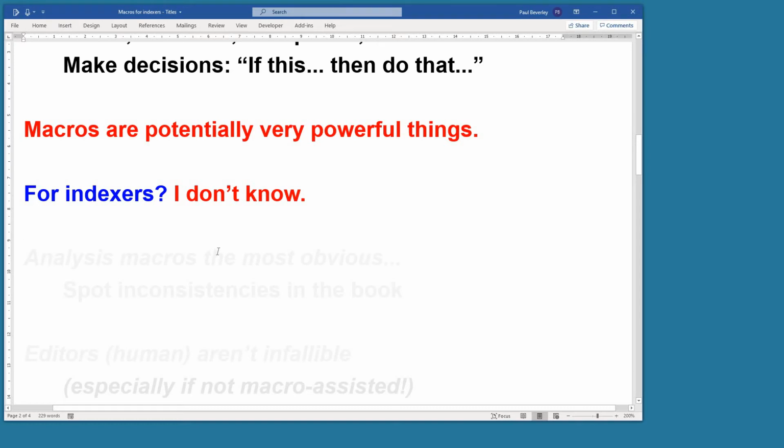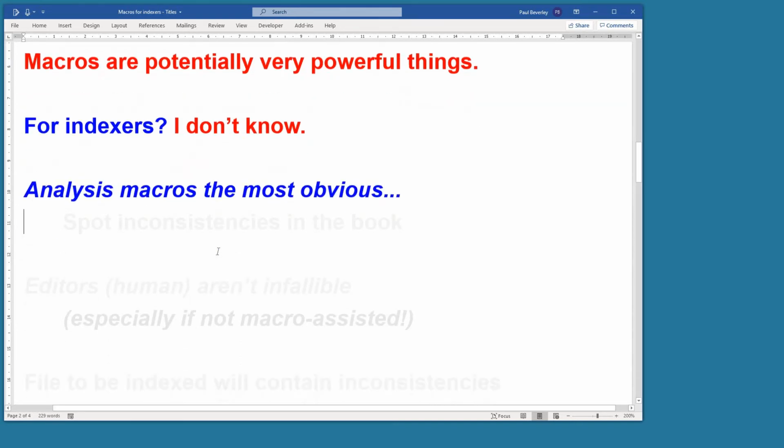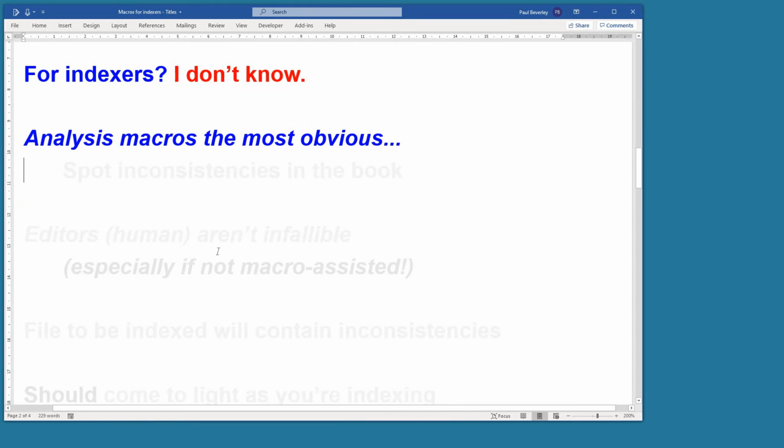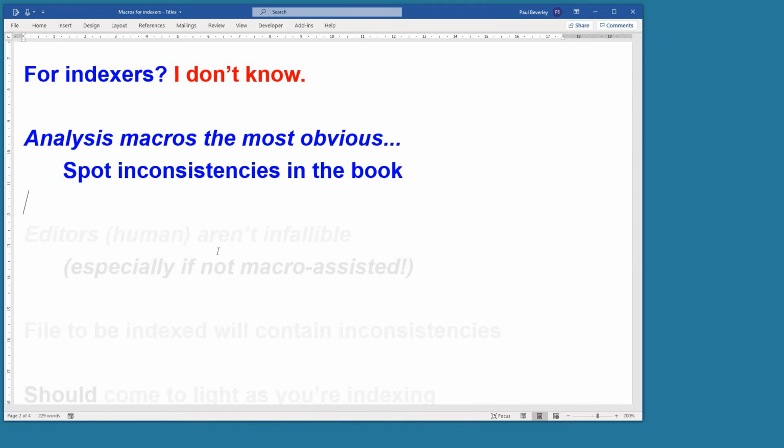I don't actually know, although I did go along to a local meeting of the Society of Indexers, and one or two of them did get a little bit interested when I was talking about some of the macros, and they said they could see application. In particular, the analysis macros that I produce could be helpful because they can spot inconsistencies in a book.